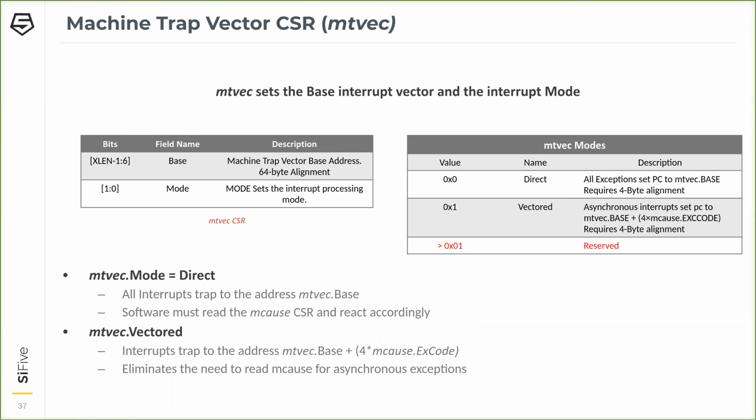In direct mode, all exceptions and interrupts trap to the same PC, and that's the value that's placed in the mtvec base register field. If you set this to vectored, then each interrupt will trap to a specific location in the vector table, which is a combination of the mtvec base address and the exception code of the interrupt.